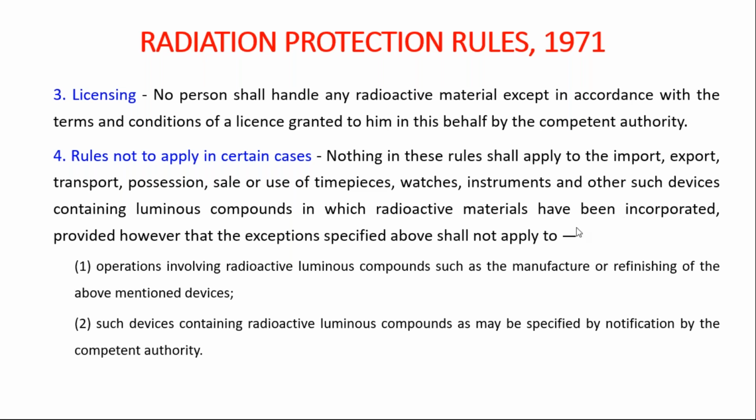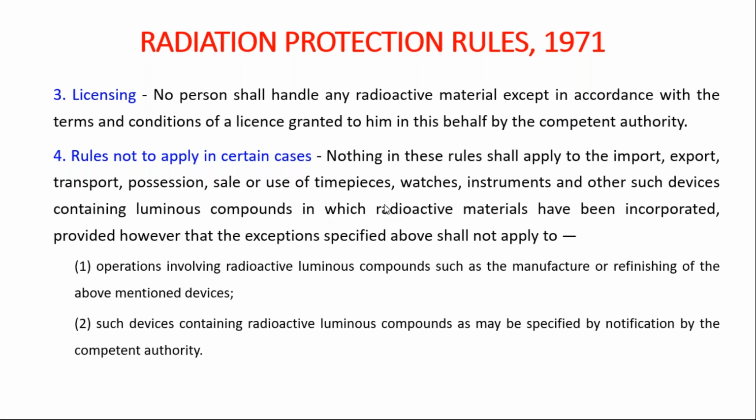Nothing in these rules shall apply to the import, export, transport, possession, sale or use of timepieces, watches, instruments and other such devices containing luminous compounds in which radioactive materials have been incorporated, provided, however, that the exception specified above shall not apply to certain cases.